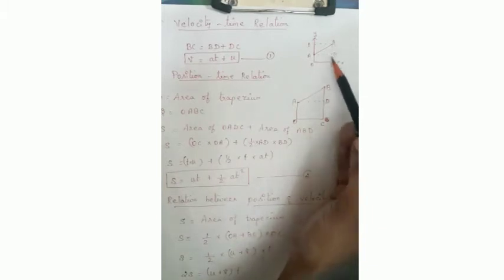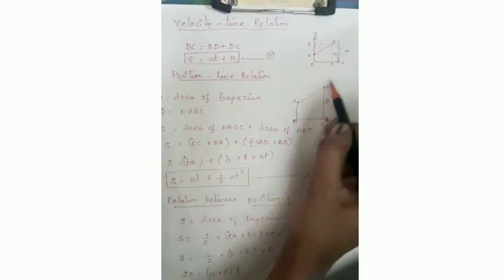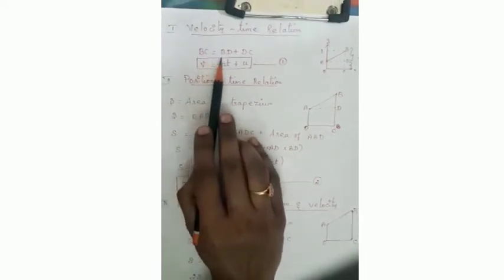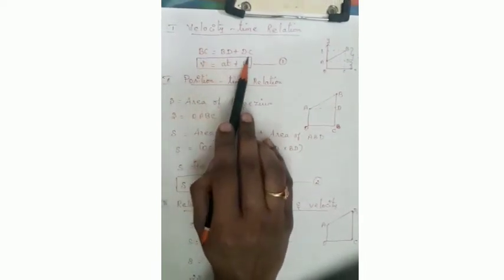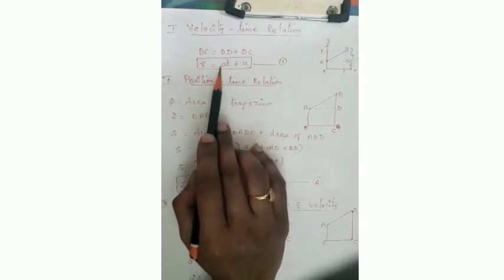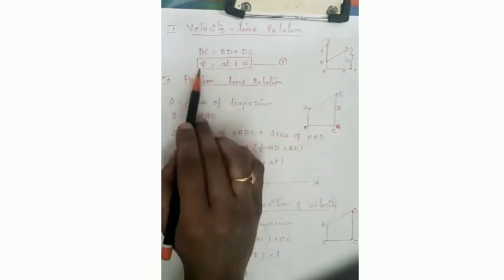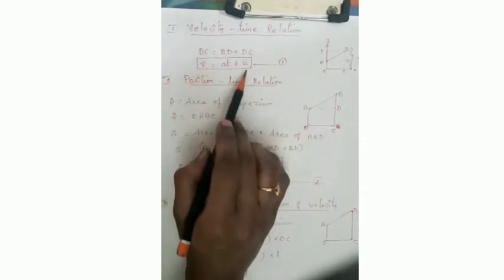If we need to find the BC value, what do we have to do? We need to add BD and DC, right? That is what I have done here. BC value means we add BD plus DC. The BD value we just found out, that is AT. BC, the total, is the final velocity V. DC is the initial velocity U. Again I will repeat.